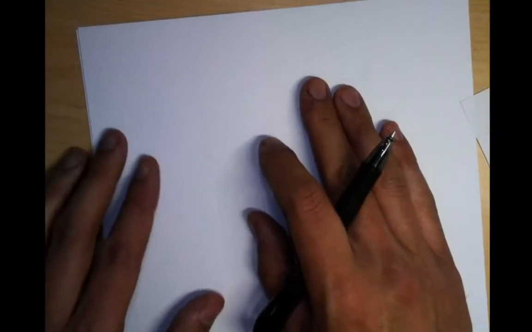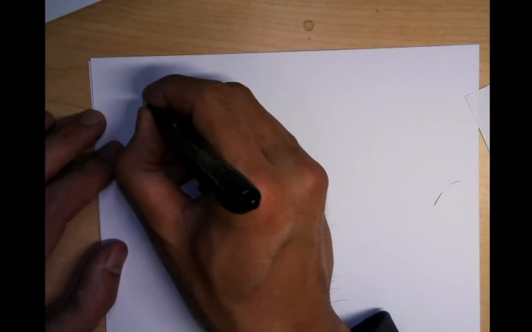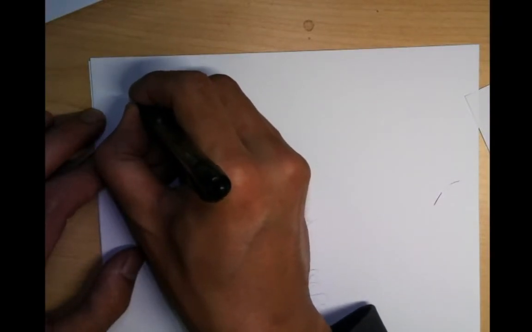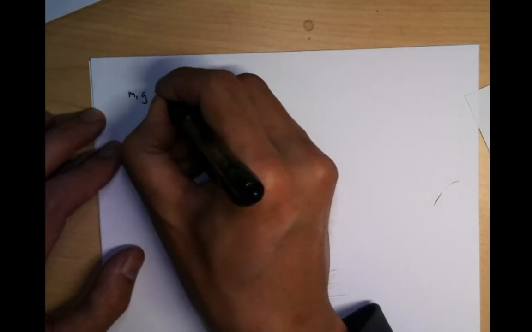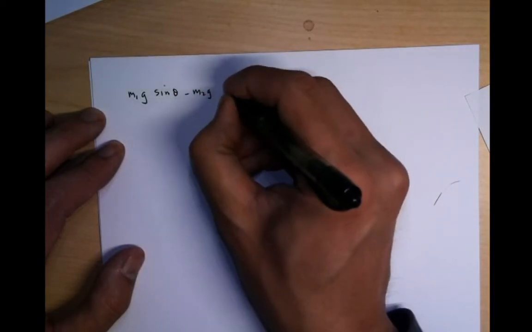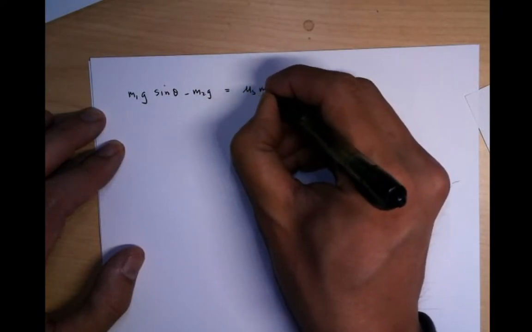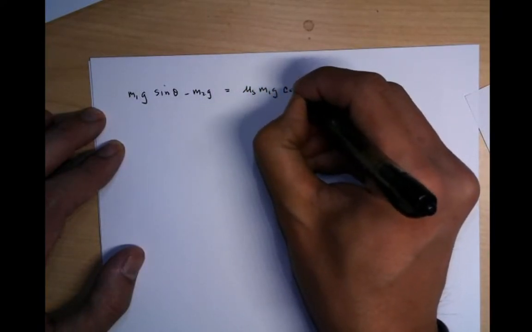Let's write down the equation first on a clean sheet of paper, and then we'll go ahead and solve it. Okay, so see my paper here. All right, so write down the entire equation now. Again, this is m1g sine theta minus m2g is equal to mu sub s m1g cosine theta.